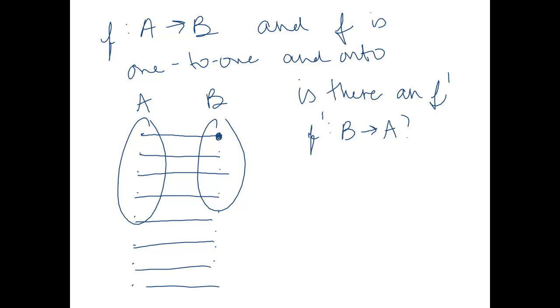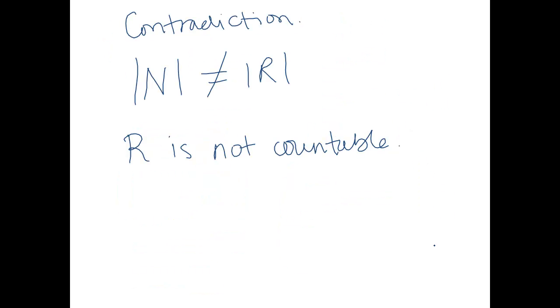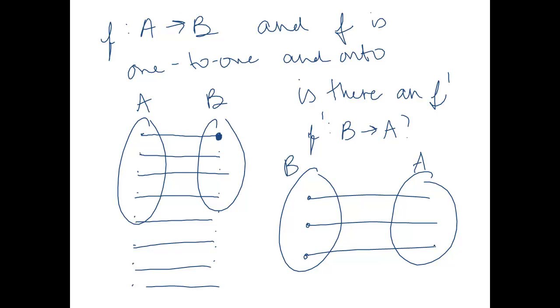I can take an element from B and map it to A. I could take this function and basically invert it and go from B to A. So just in case you think that this assumption is problematic because we're only taking a function that maps n to r, I just want to remind you we could have gone the other way. Either way, the size of n is not equal to the size of r. Pretty cool.